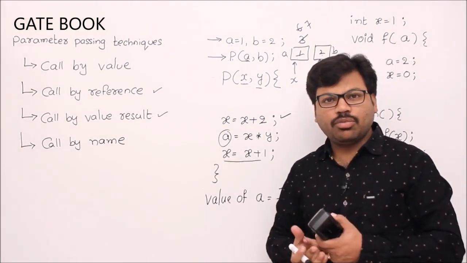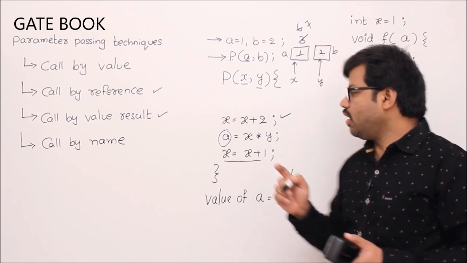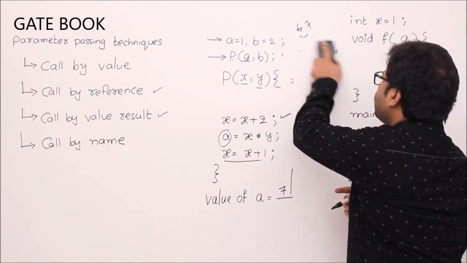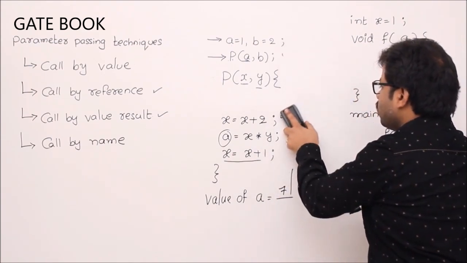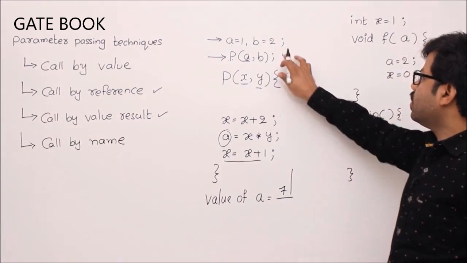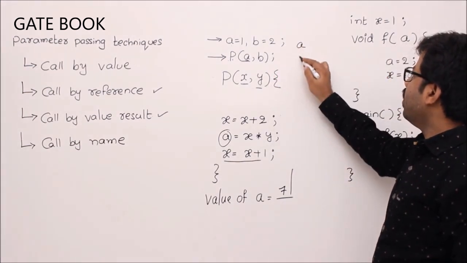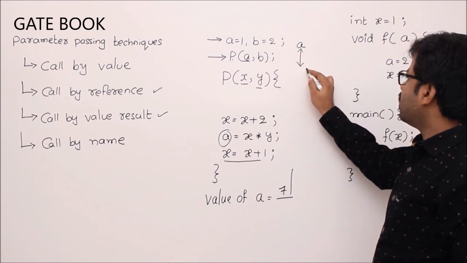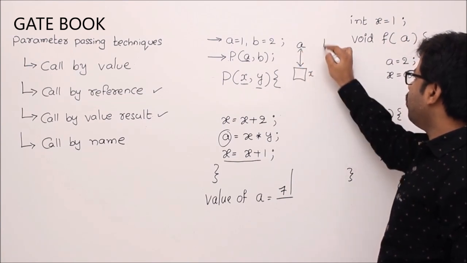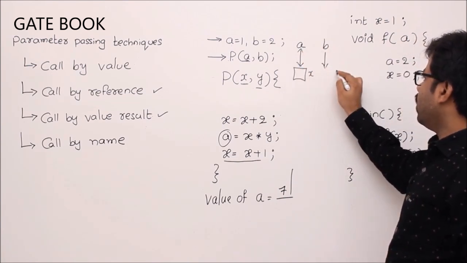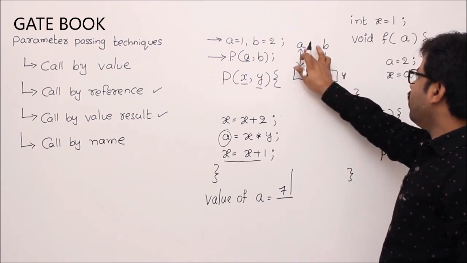We'll execute this program using call by value result. So in call by value result, what happens, we'll see. For A there will be a corresponding parameter x, for B the corresponding parameter is y, isn't it? So initially we pass the values.